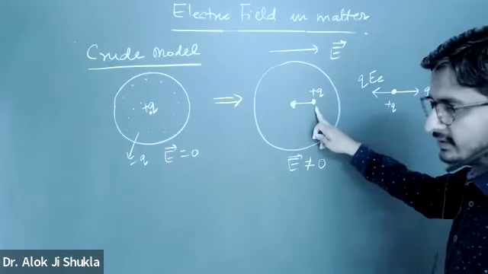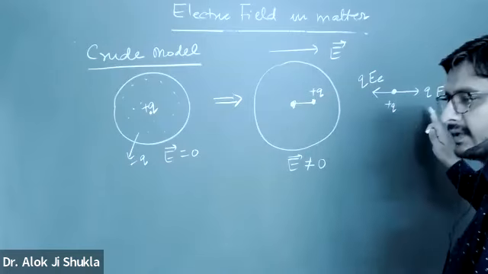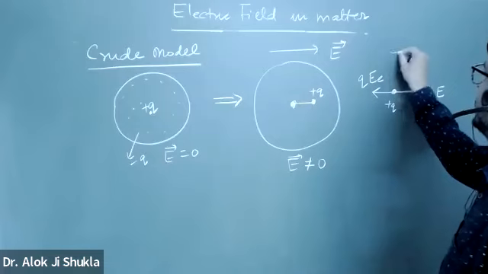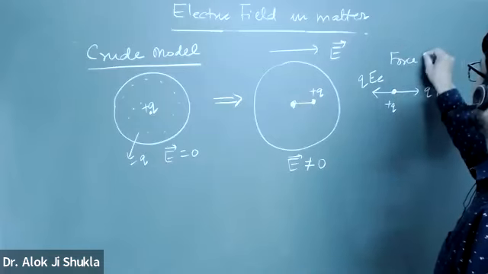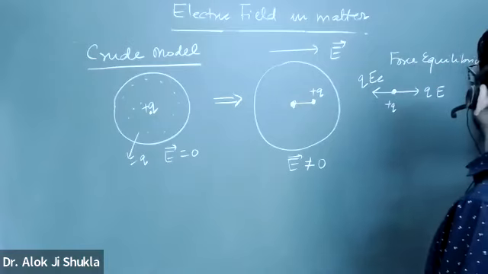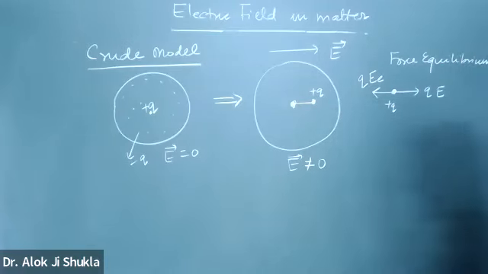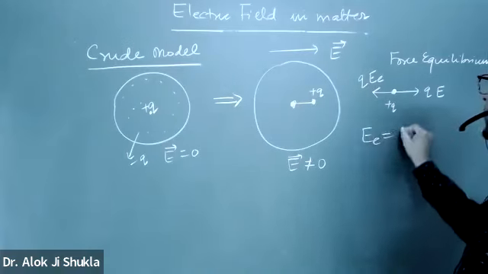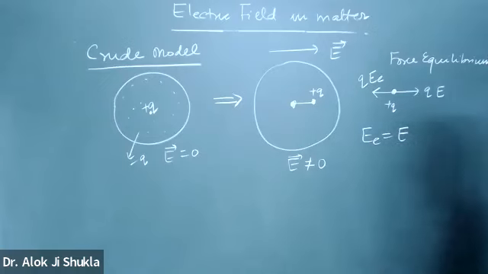So right now it has stopped moving. Otherwise, it will keep moving in this direction until it achieves a force equilibrium. So here it is a force equilibrium. Right? So I can write that it will be balanced by the external field. Then only this force equilibrium will happen.